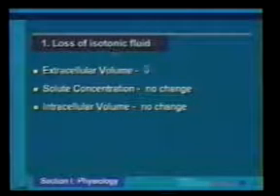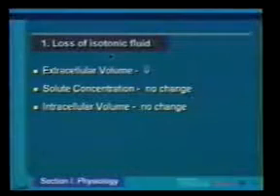A better question would involve the consequences of forming isotonic urine. But more likely, they will test the acute consequences of diarrhea. You have to know going into the question that diarrhea is the loss of isotonic fluid. Therefore, it's a perfect example of this situation.